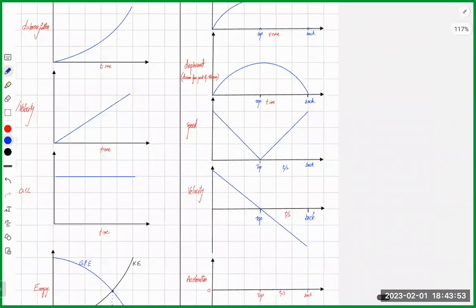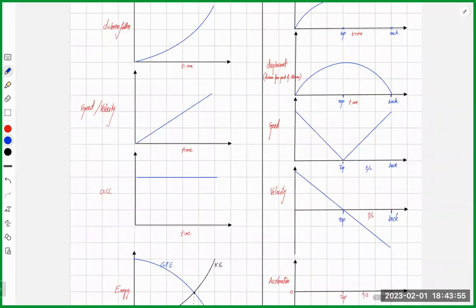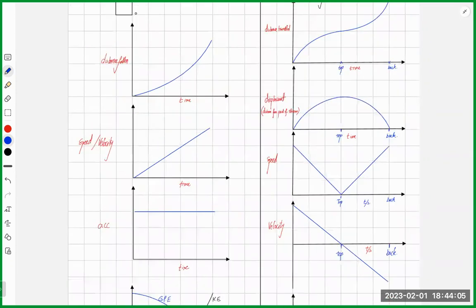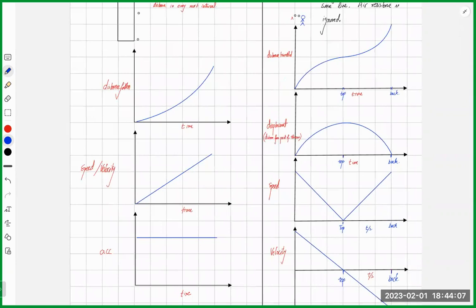If all of the y-axes are in the same line and you have the same time axis, all of the graphs are translating from one to another. So you can see what was happening to distance, exactly what was happening to speed. If you draw the graphs with all of the y-axes in the same line, you have this advantage. So let's start.